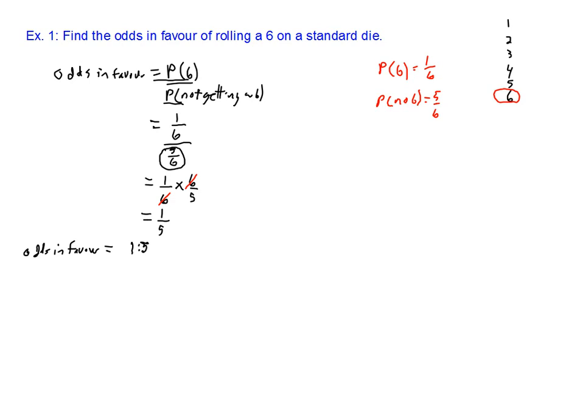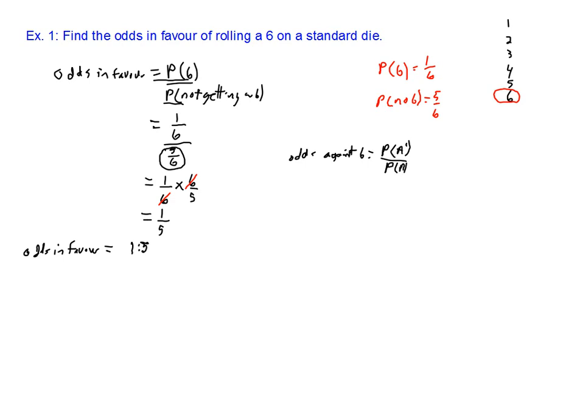We can also find the odds against getting a 6. So the odds against getting a 6, we'll just do that over here. The odds against a 6 are just equal to the probability of us not getting a 6. So we'll call that the complement of A, if A is getting a 6, divided by the probability of A happening.